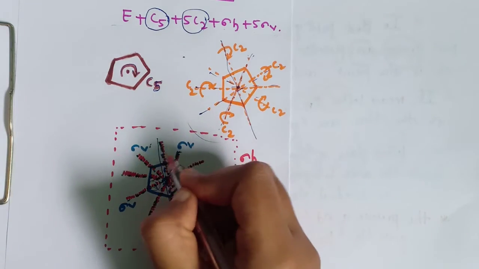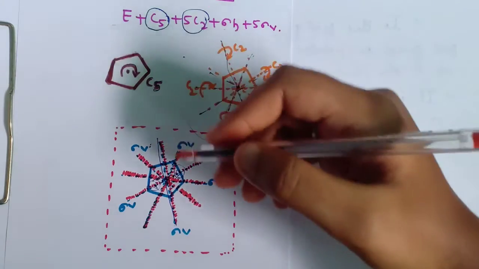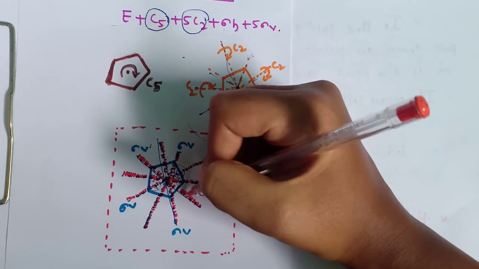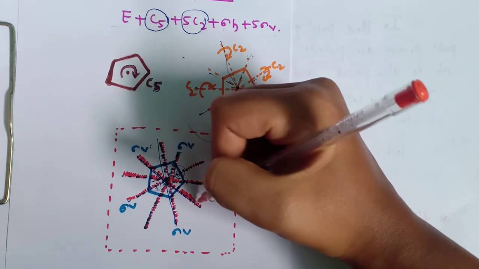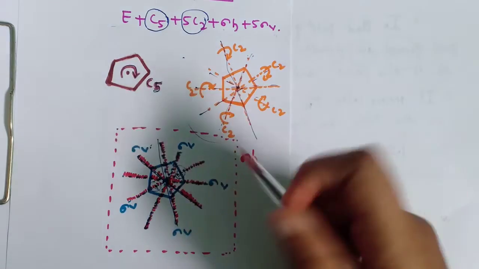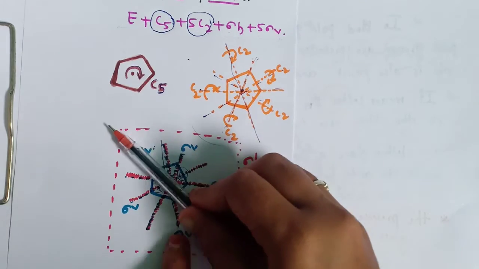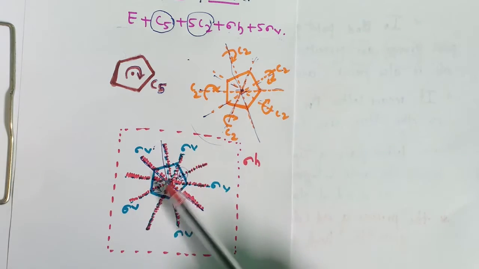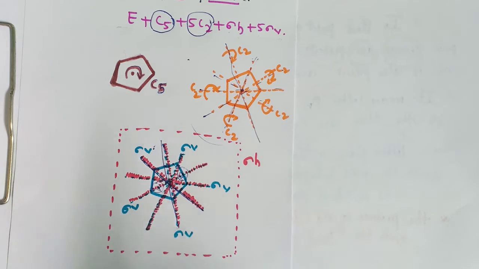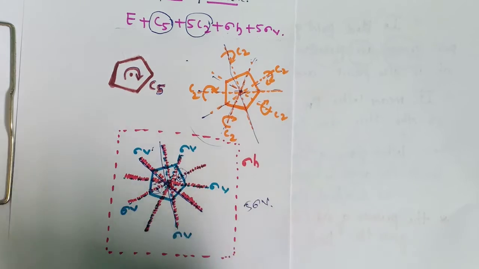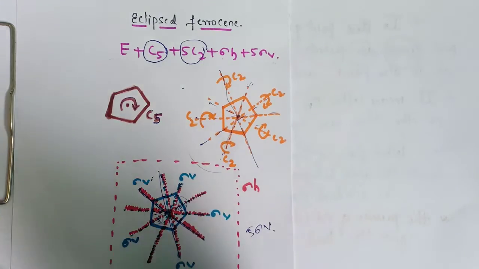So here is a mirror plane, and if I pass another vertical plane of symmetry here, this is also cutting the molecule into two equal halves. If I place a mirror plane here, this F and that F are mirror images of each other. Likewise there are 5 sigma V in the eclipsed ferrocene.